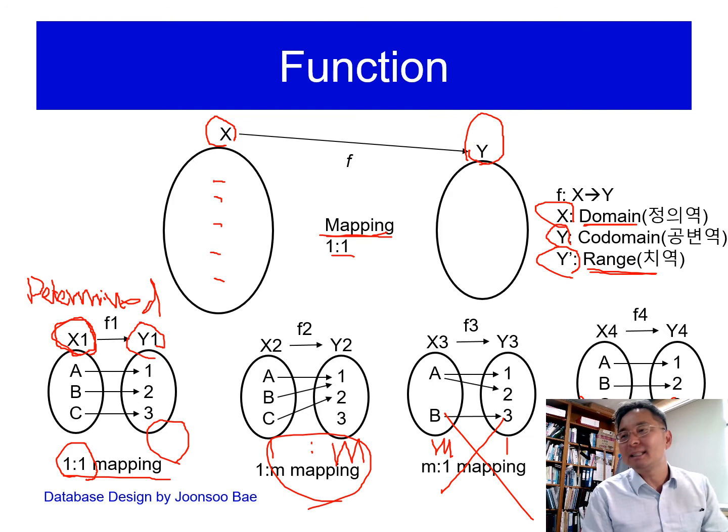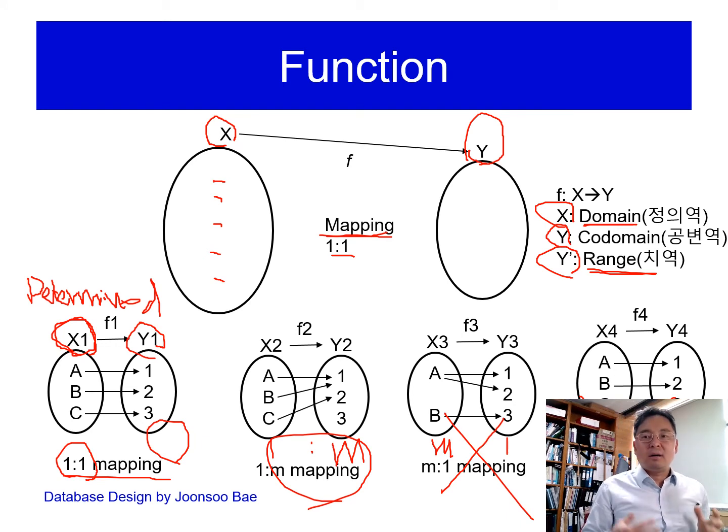So it is not a determinant, which means that it is not a function. In every function, the domain element must be a determinant. In the no mapping case, the C element is not a determinant because there is no mapping, so it is not a function. Only one-to-one and one-to-many mappings are called functions.